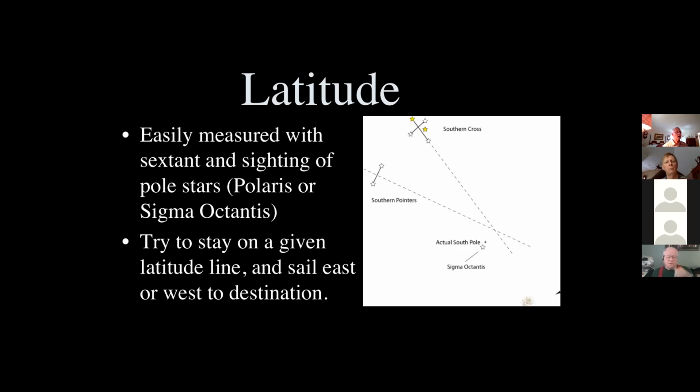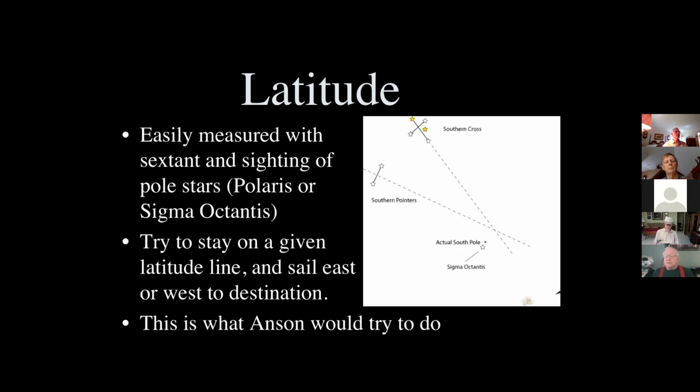So in other words, you knew fairly well what your latitude was. You knew that the destination was on a certain latitude. So you said, okay, it's got to be either east or west of where I am. You would try to sail, staying on that latitude line and getting to that destination. So this is what Commodore Anson was going to try to do. So where were they going?